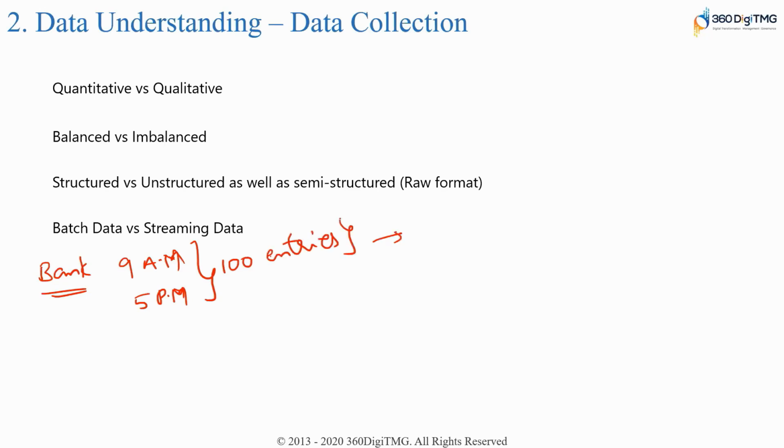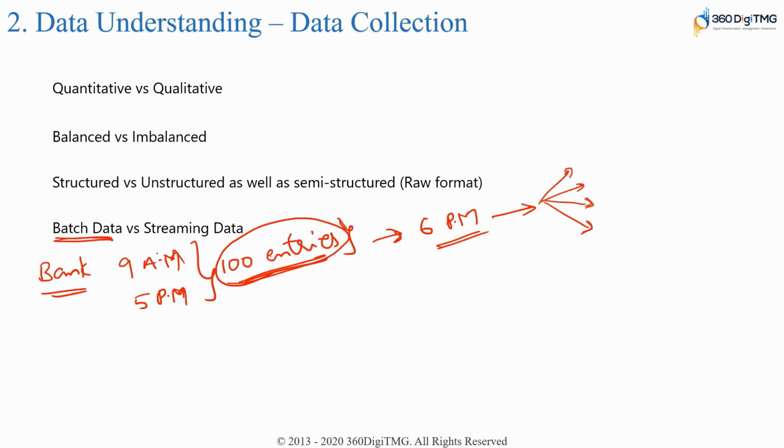In the evening at 6 p.m., you will run an algorithm which will run through all these 100 entries and start predicting whether the people will default or not. When are you doing it? At 6 p.m. at one go. And you are processing this batch of 100 entries. Since you're processing this batch of 100 entries at 6 p.m., it's called batch processing data.